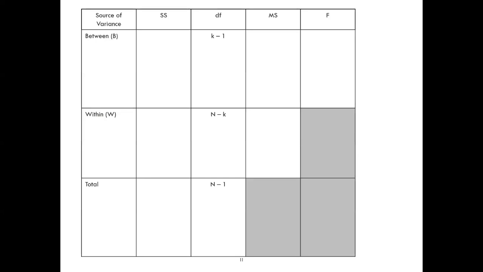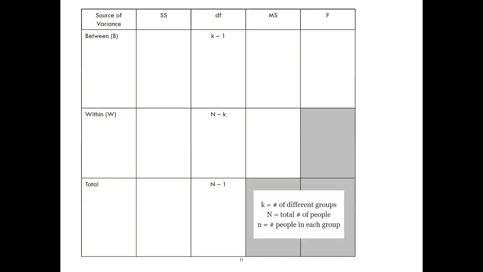Okay, so let's start with calculating and entering some information that we're going to need for our ANOVA table. We've already calculated the degrees of freedom on the previous slide. We remember our terminology, and for our particular study, the degrees of freedom between subjects is k minus 1.